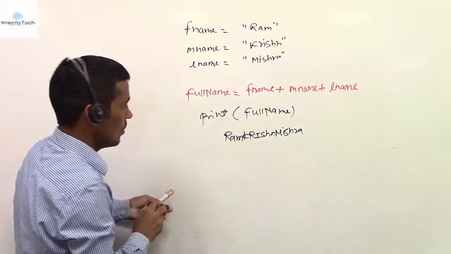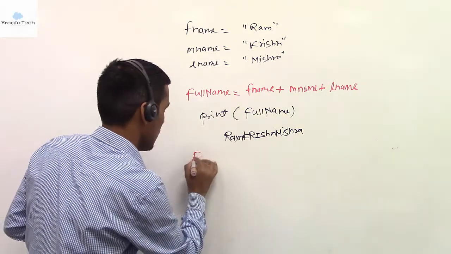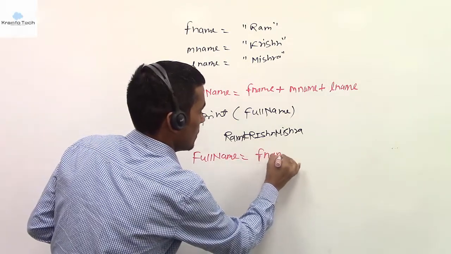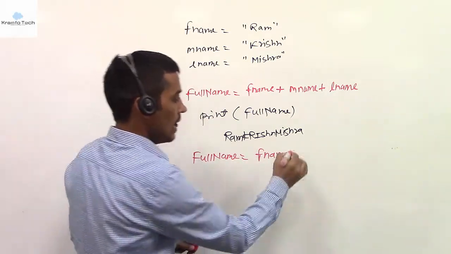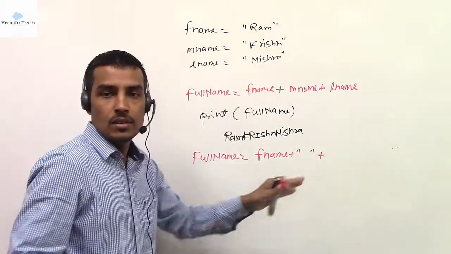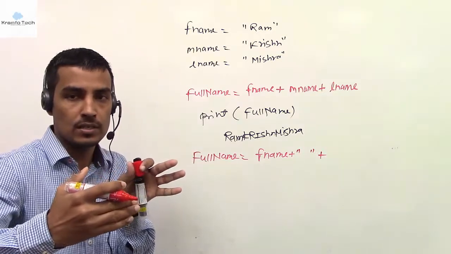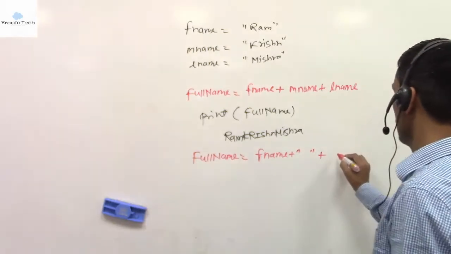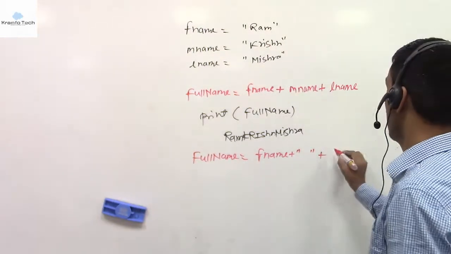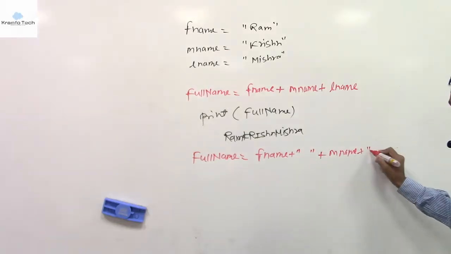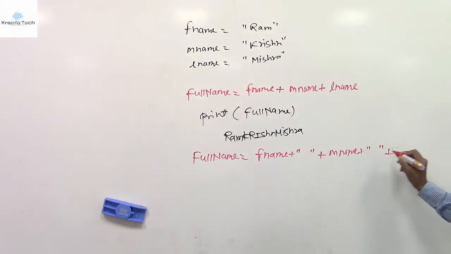What you can do is write it this way: full name equal to f name plus, then give one space in quotes, then plus m name, again give one single space in the quotes, then plus, and then l name. This space separates the words in the name.